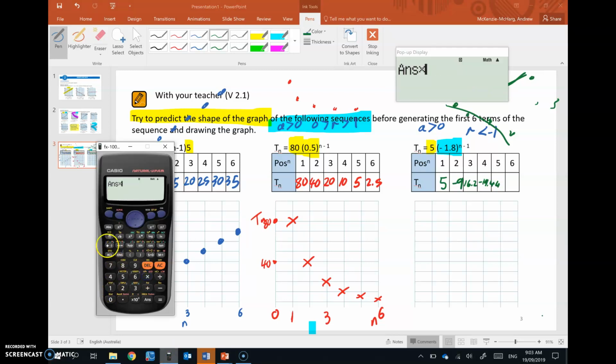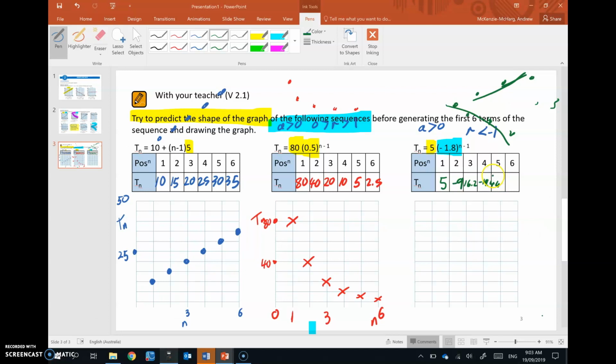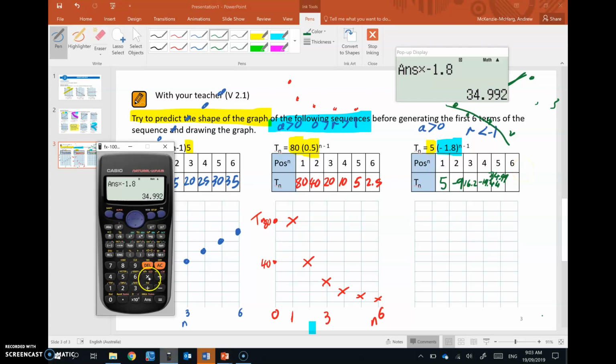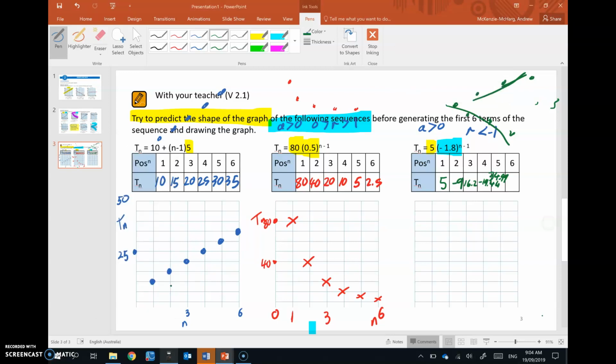Times negative 1.8 goes back to 34.99, pretty much 35 there. And then the last one, negative 62.99. Pretty much 63.